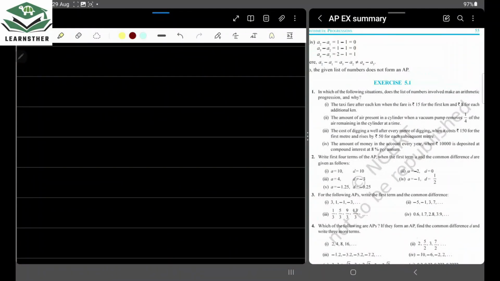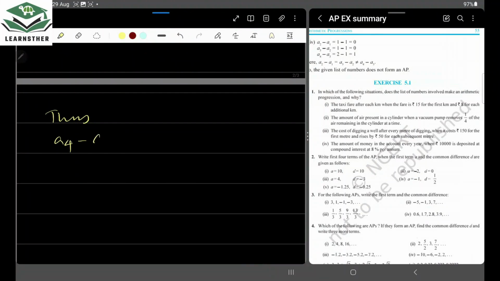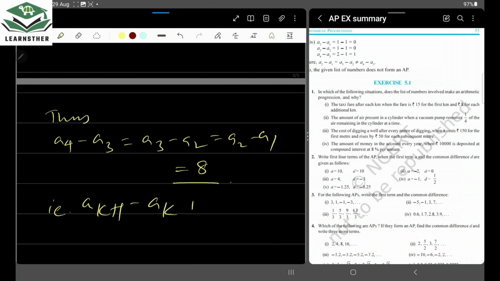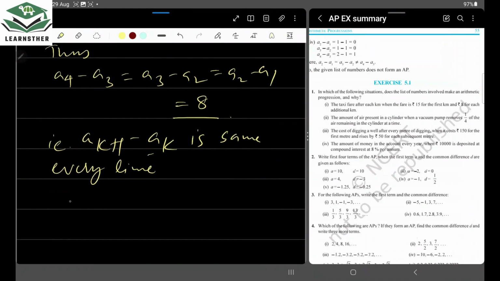Okay. So you can see here, a4 minus a3, a3 minus a2, a2 minus a1, all are same. That is a k plus 1 minus a k is same every time.